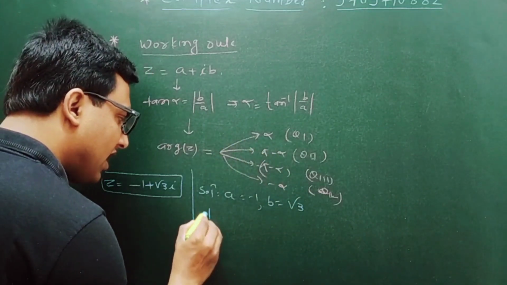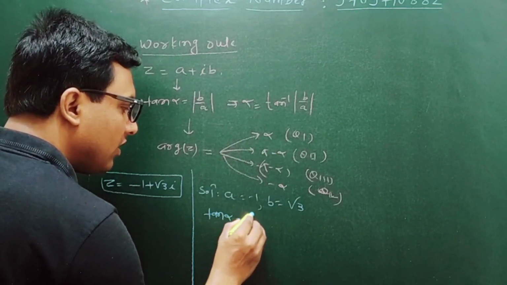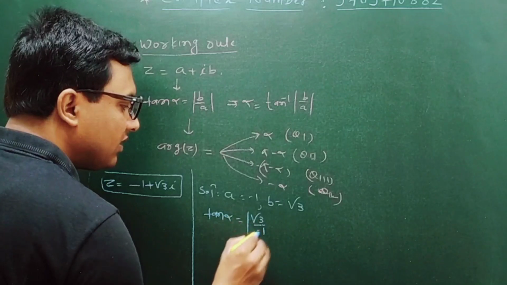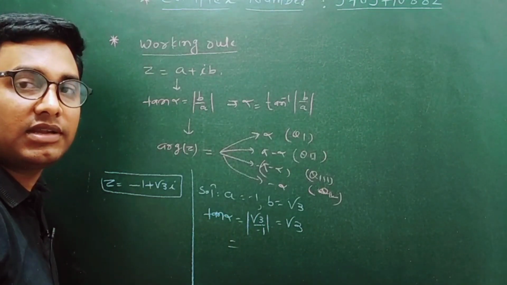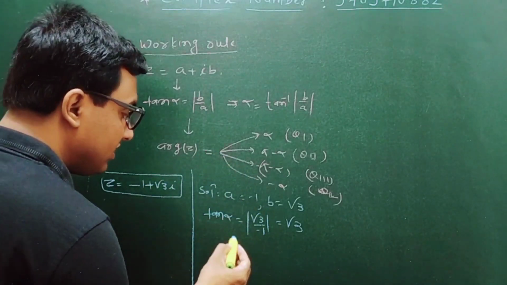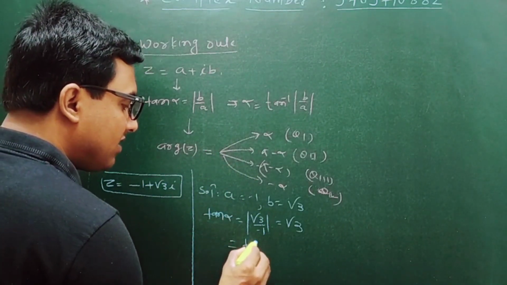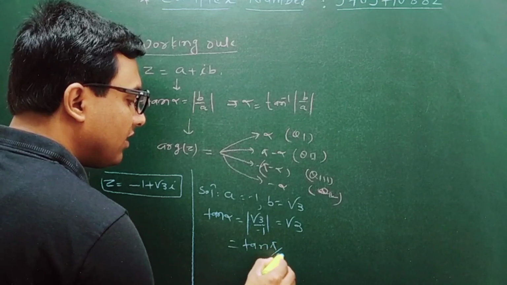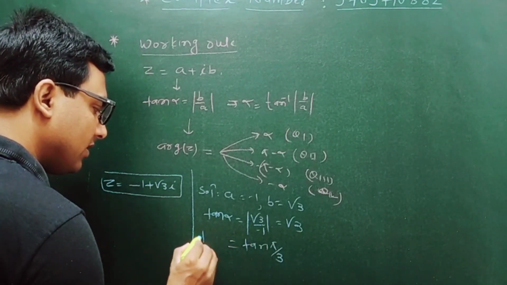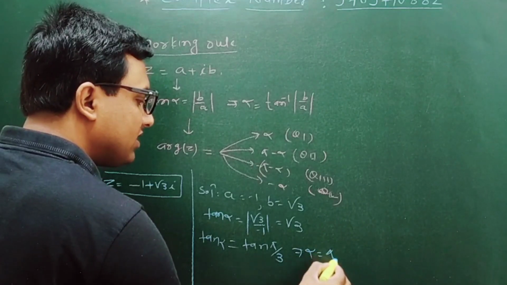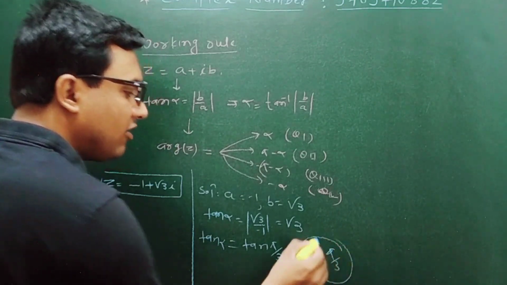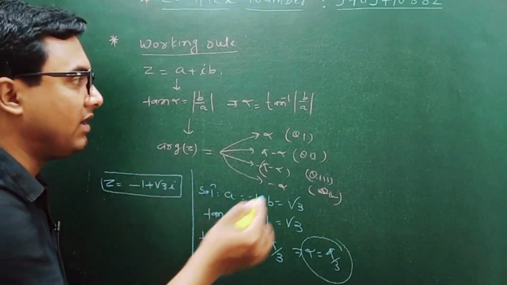Therefore tan alpha equals root 3 upon minus 1, that means root 3. What is the angle whose tan is root 3? Tan pi by 3 is equal to root 3. So alpha is equal to pi by 3. We get the value of alpha.